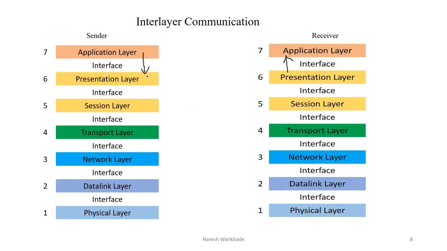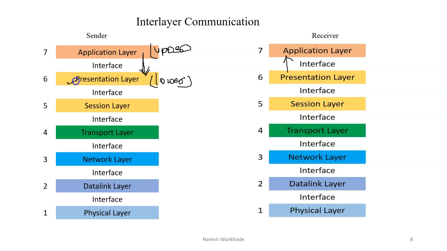Here in this diagram, the application layer gives services to the presentation layer. The presentation layer is basically the lower layer and the application layer is the upper layer, whenever there is communication between them.